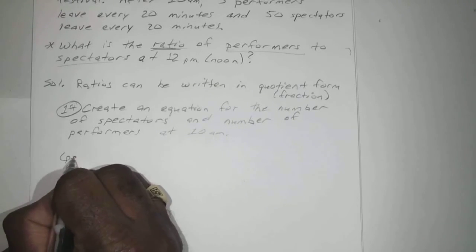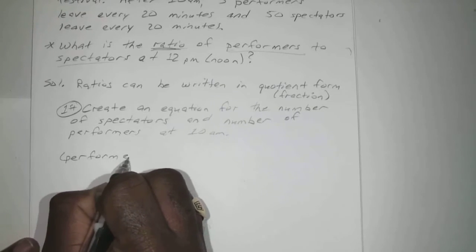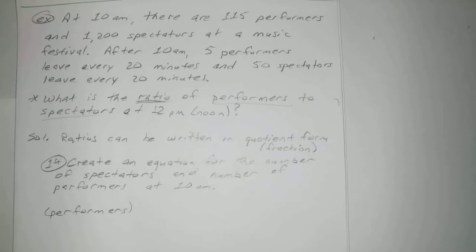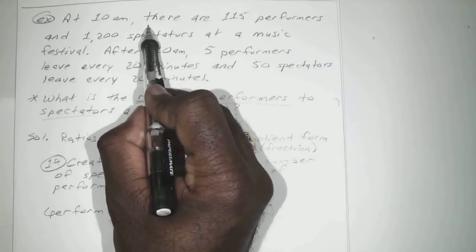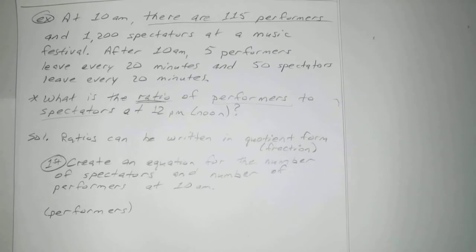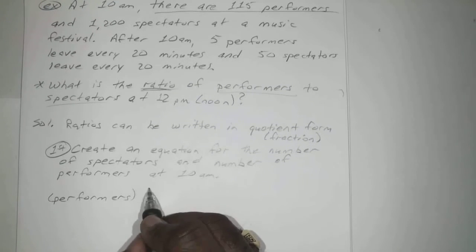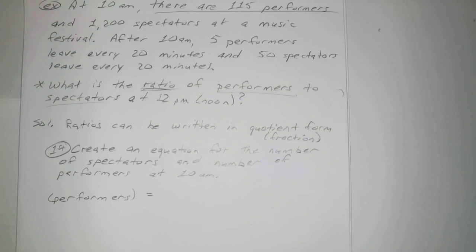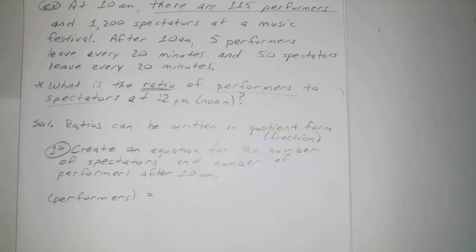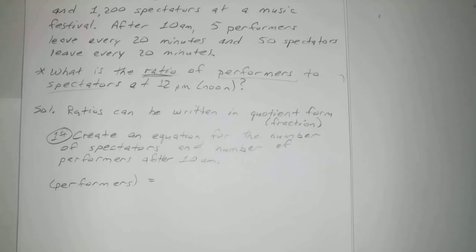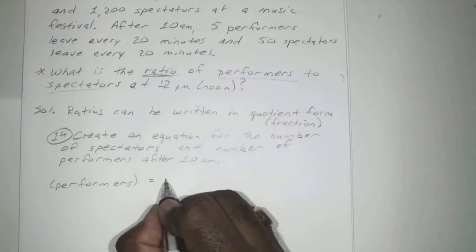Okay, so your performers, if we look up where we actually started, there are 115 performers at 10 a.m. Oh, actually, that should be after 10 a.m. for this one. Okay, so that's after 10 a.m. So we started out with 115.